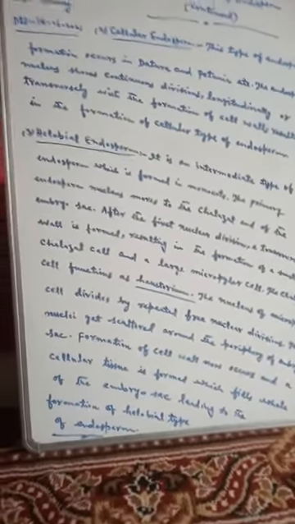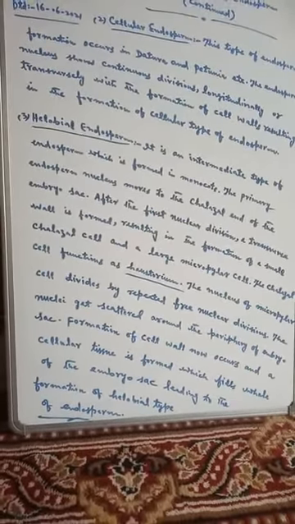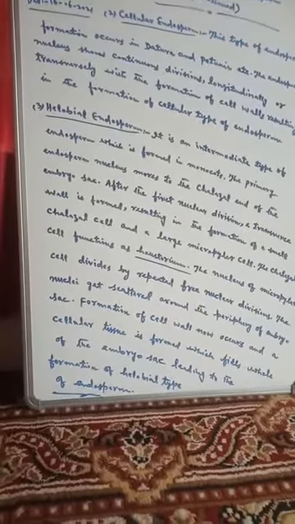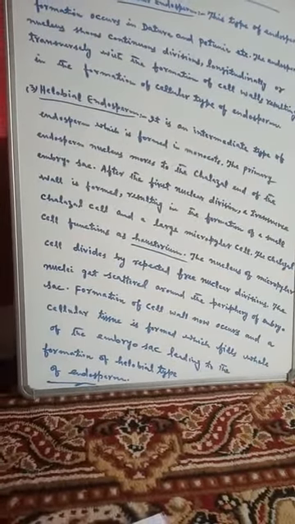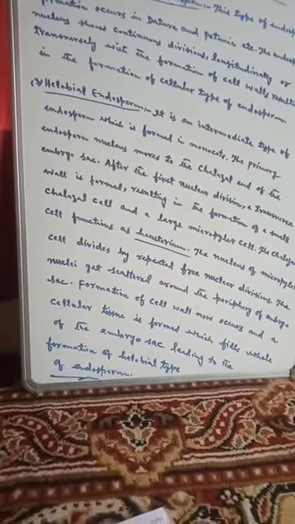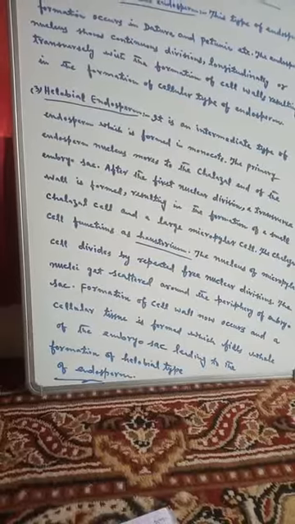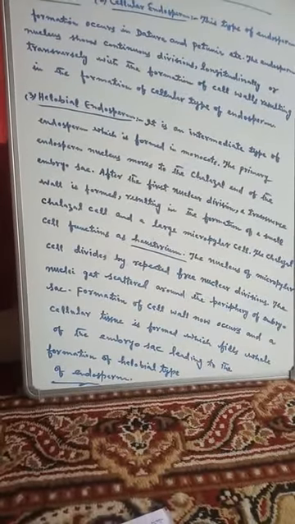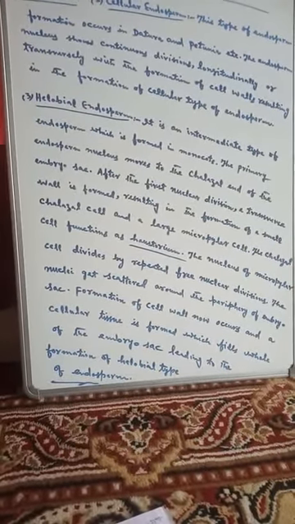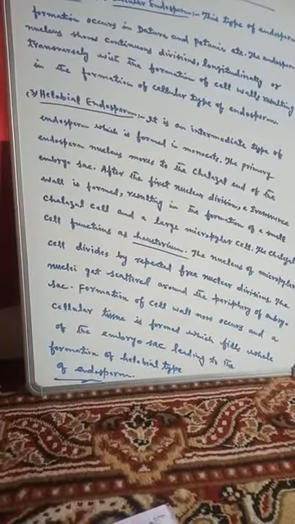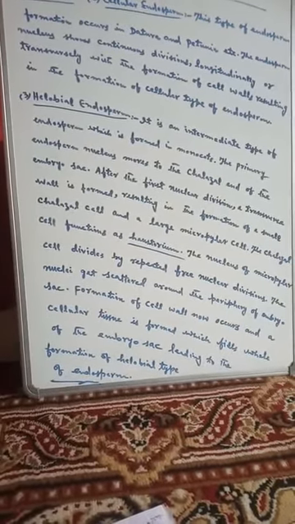Dear students, you know the dicots and the monocots. Dicots have two cotyledons, while the monocots have a single cotyledon. So this halobial endosperm is an intermediate type of endosperm which is formed in the monocots.